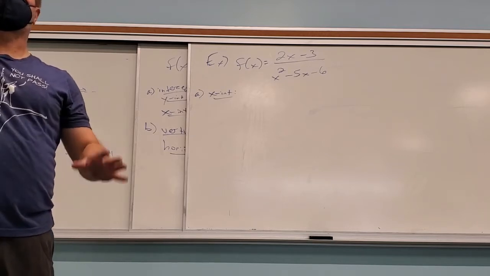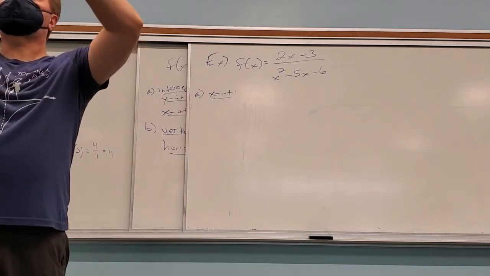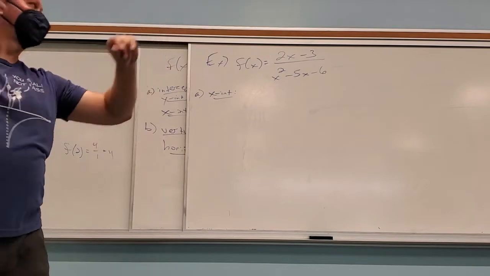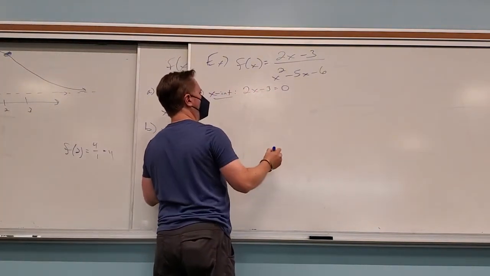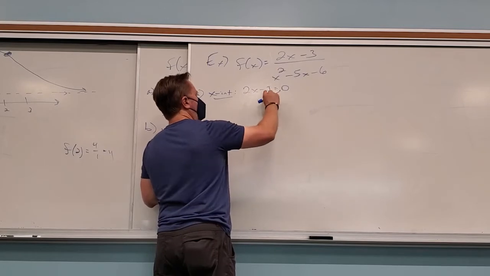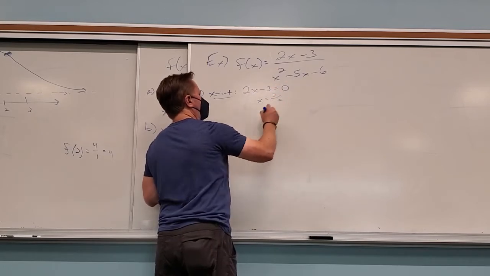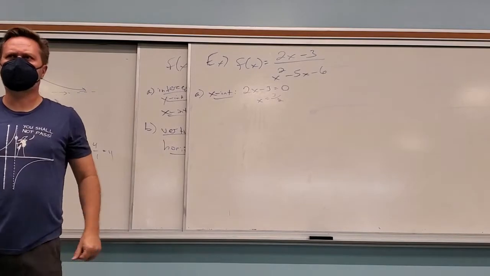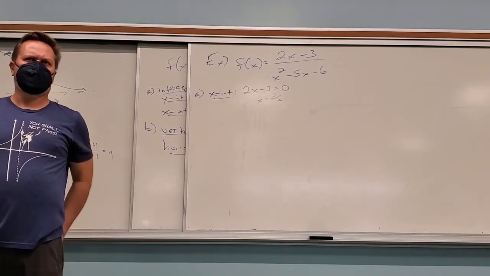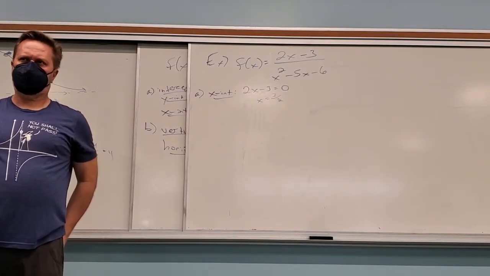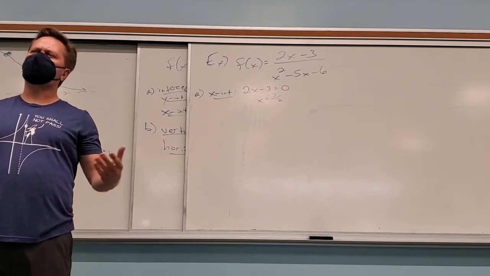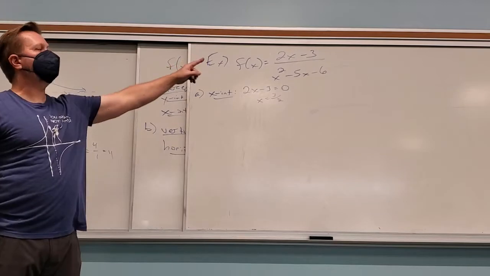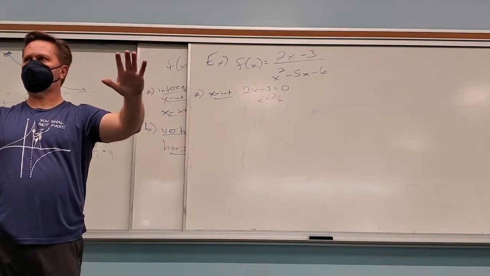So to find the x-intercept for any rational function, you just say, what makes the top 0? So what makes 2x minus 3 equal 0? Yeah, add the 3, divide by 2, so 3 halves. There's an x-intercept at 1 1/2. You guys cool with that? The only way a fraction could be 0 is if the top is 0, and 3 halves makes the top 0. So that's the x-intercept.